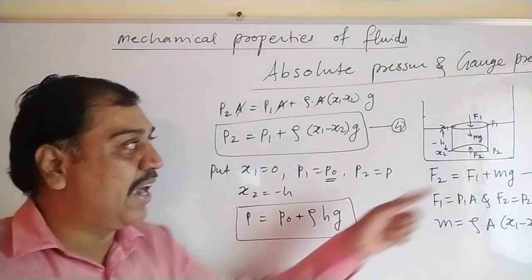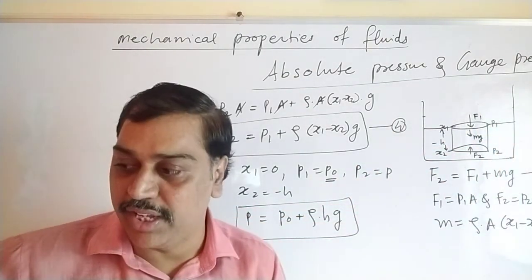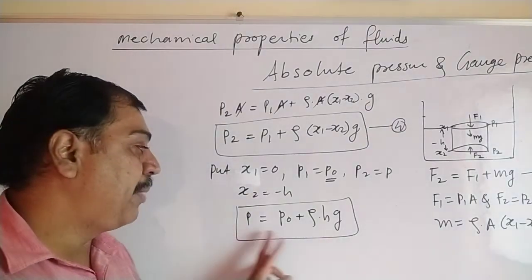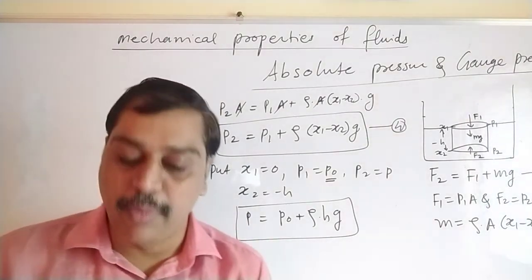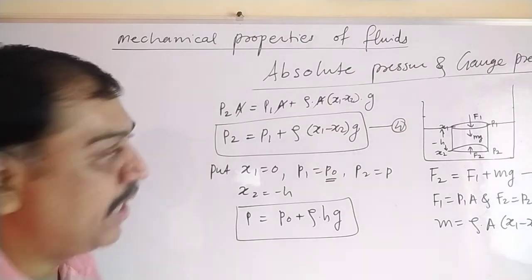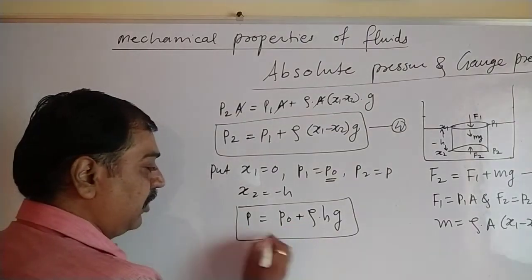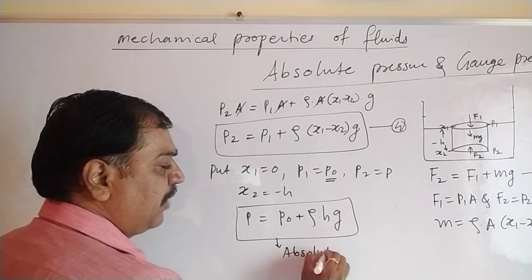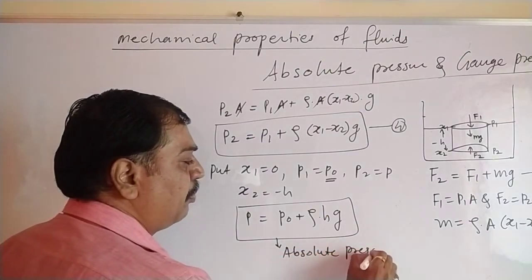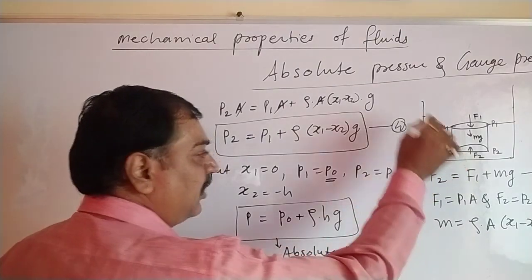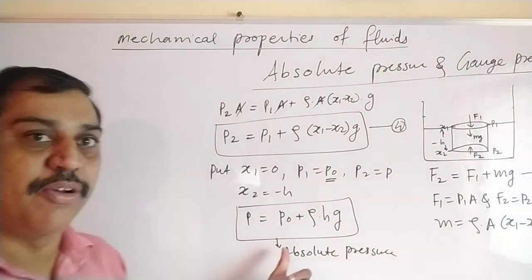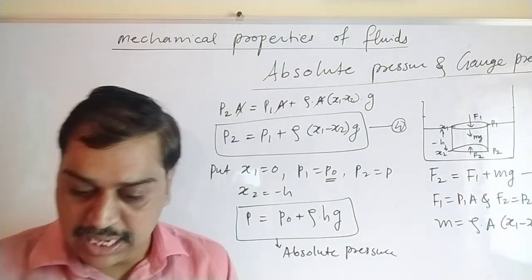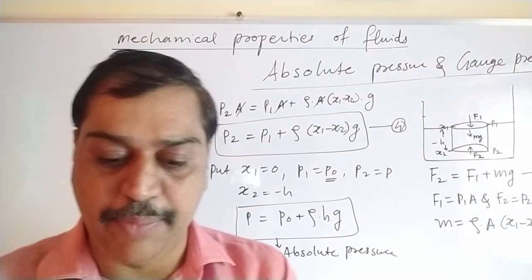This P0 gets added because atmospheric pressure comes here. That's why we can write P equal to P0 plus rho h g, and this is said to be absolute pressure. This is the equation to find the absolute pressure at a depth h inside the fluid.